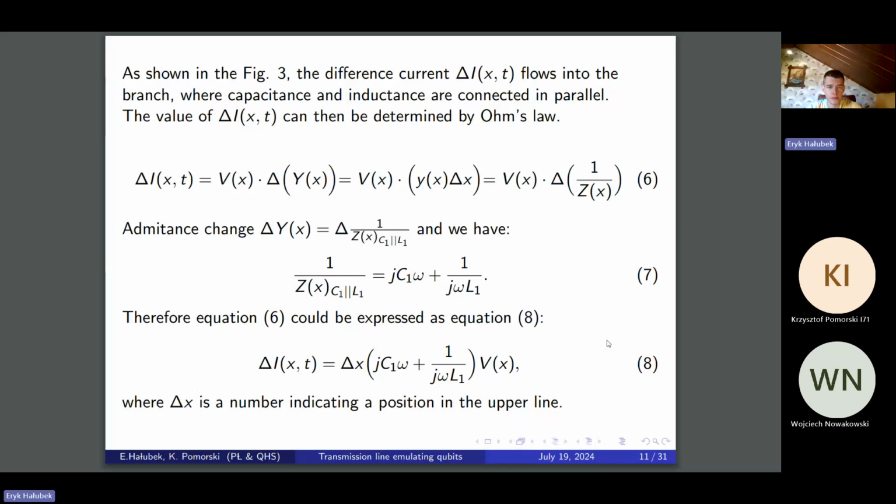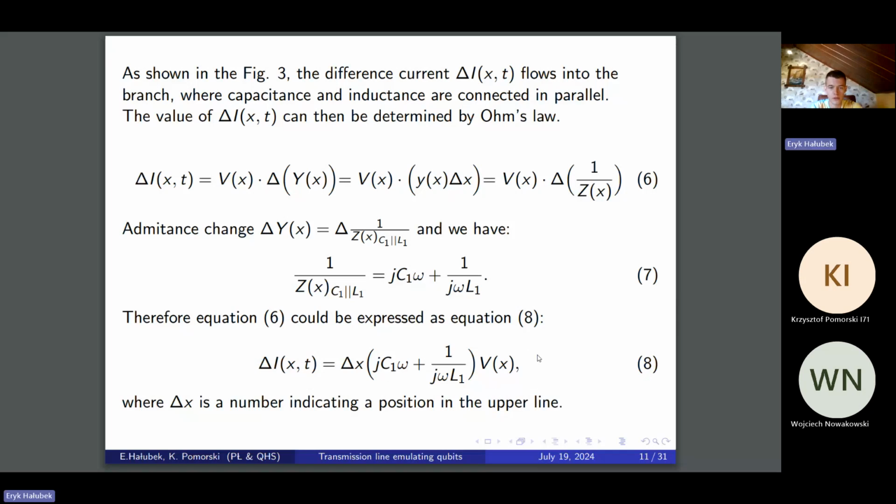Okay, and then when we have it, we could write equation 6, which shows the delta I of x current flowing into the branch, as shown in equation 8.